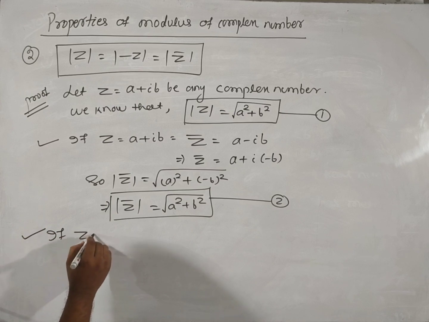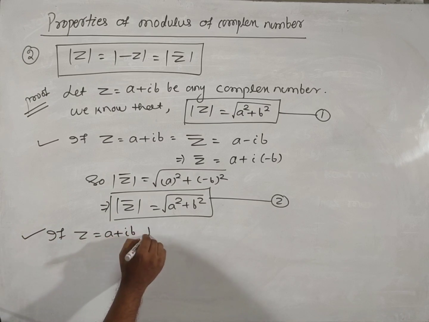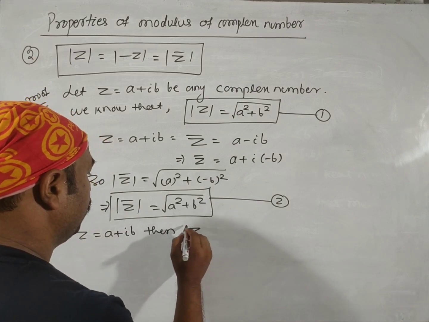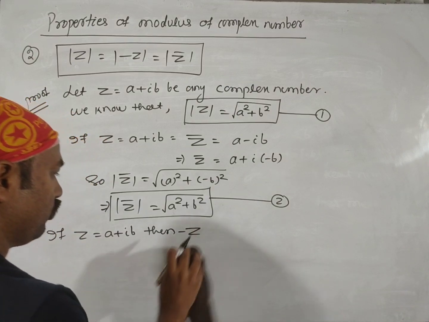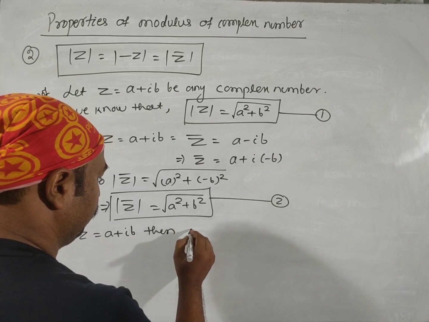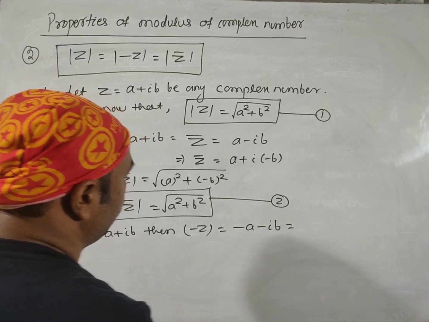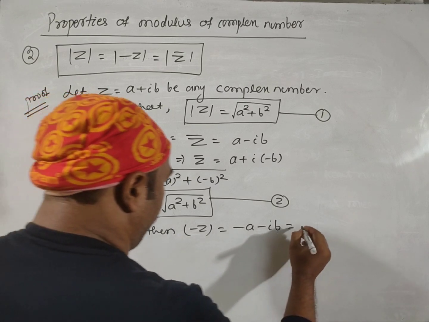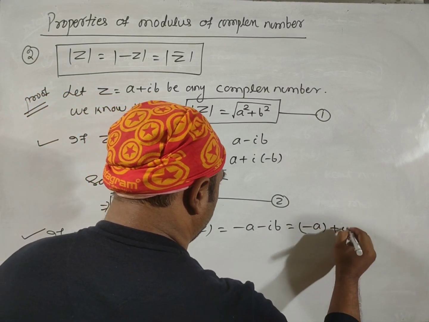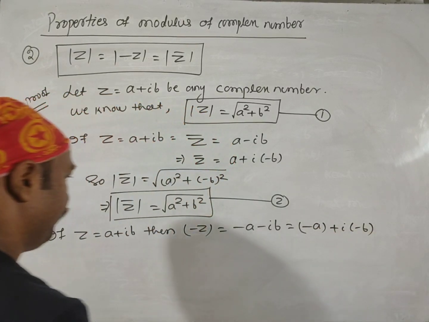Again, if Z is equal to a plus ib, then minus Z is equal to minus a minus ib, which is expressed in the form of minus a plus i into minus b.